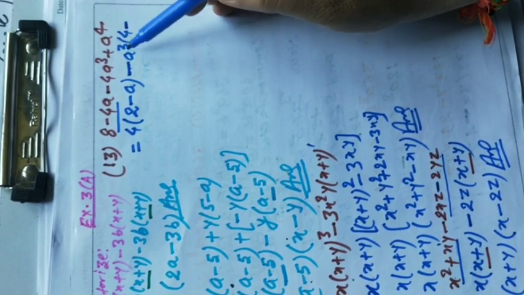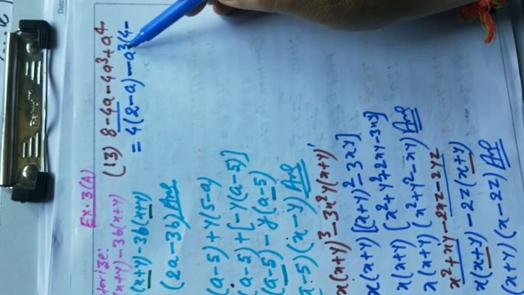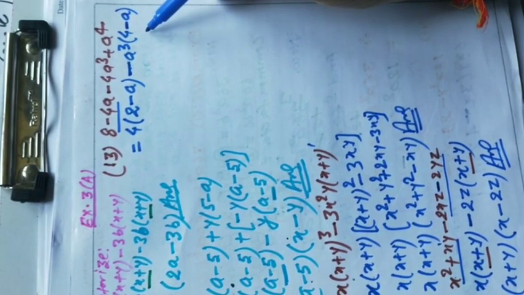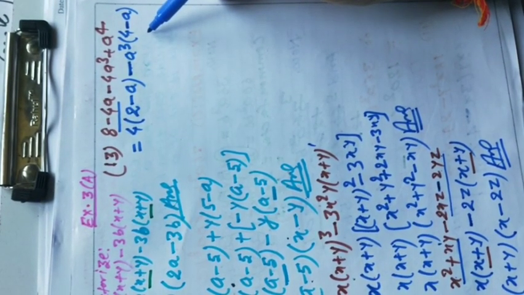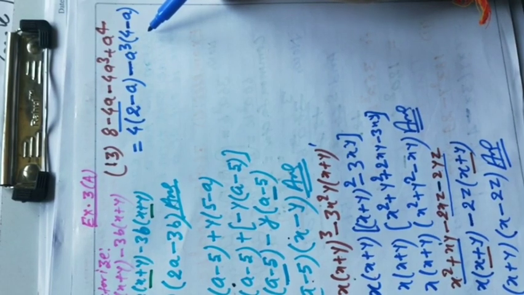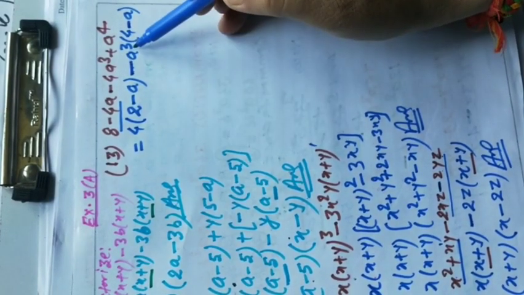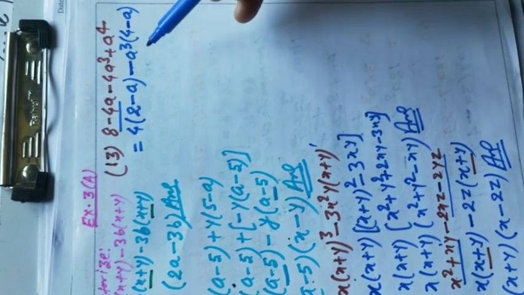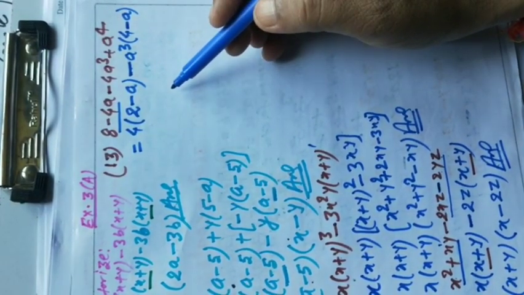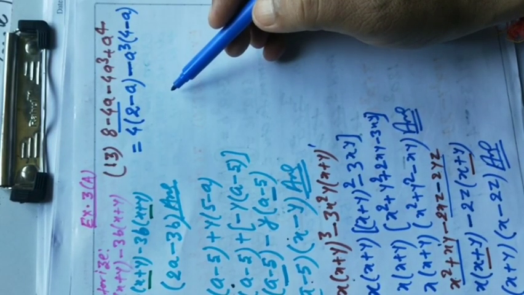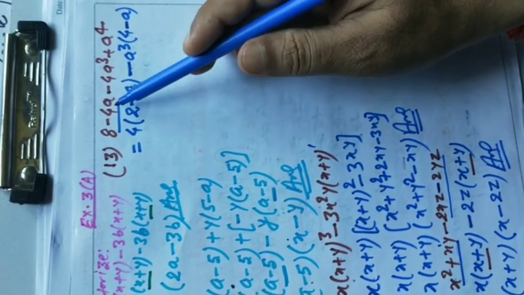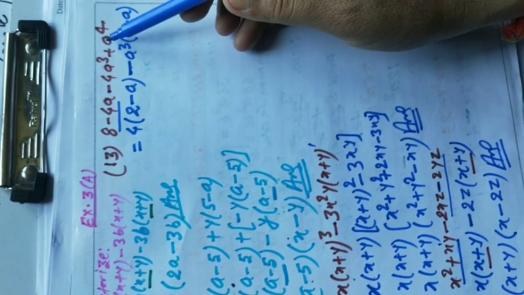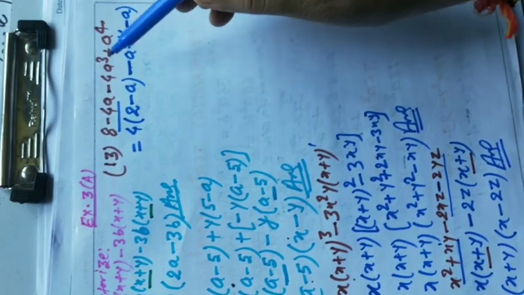And when a power 4 is divided by a power 3, then a will be left. Oh, so we have got the difference here. 8 minus 4a minus 4aq plus a power 4. Minus 2a cube is here.